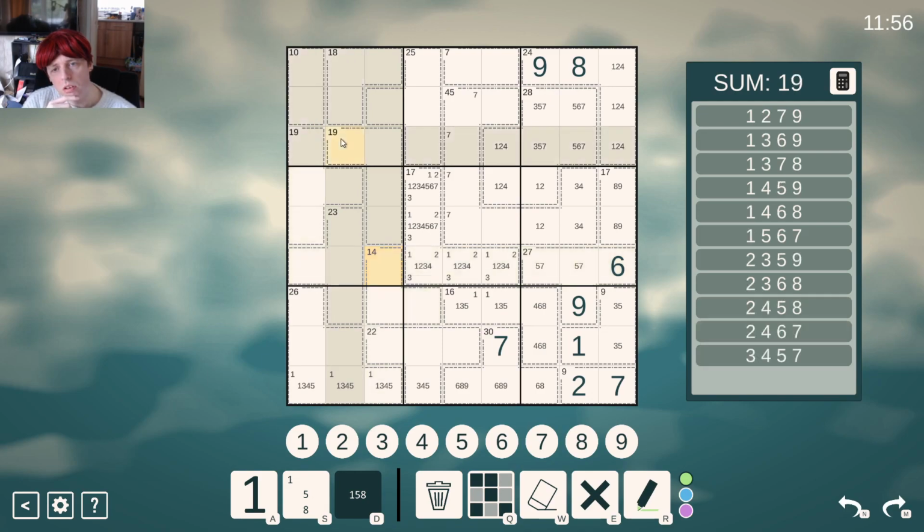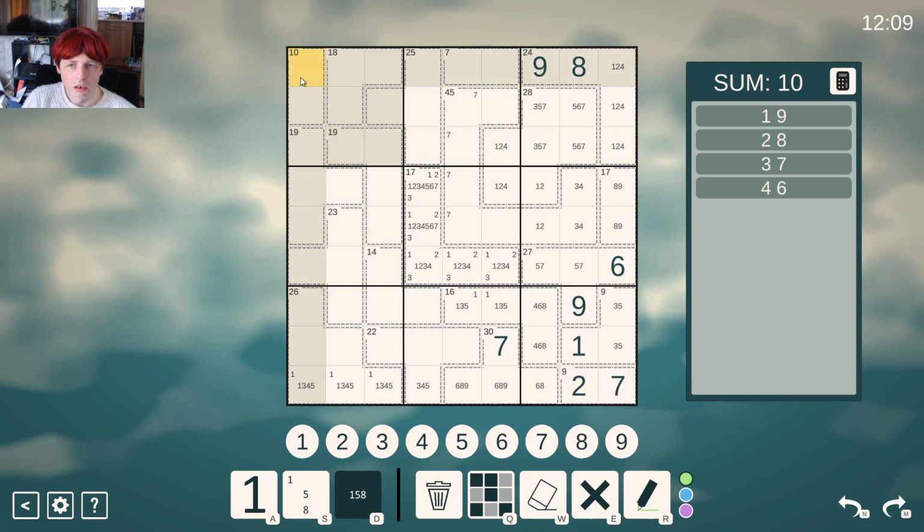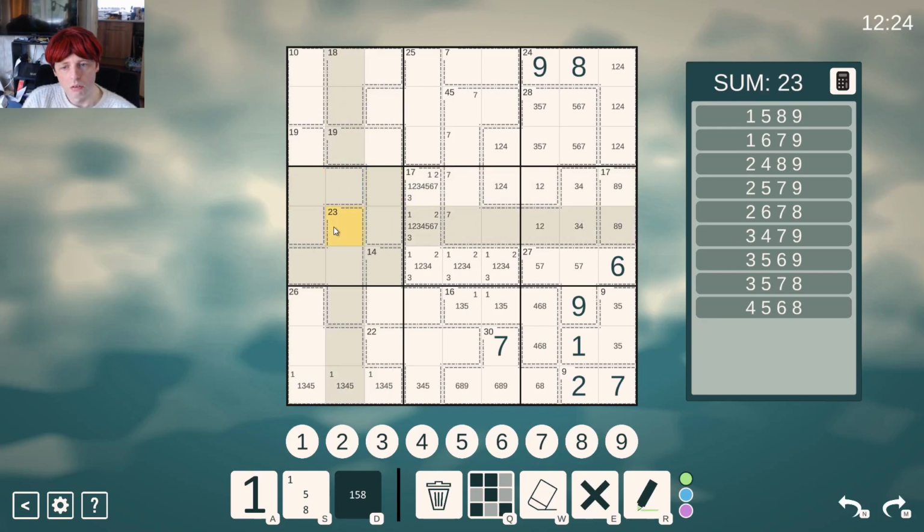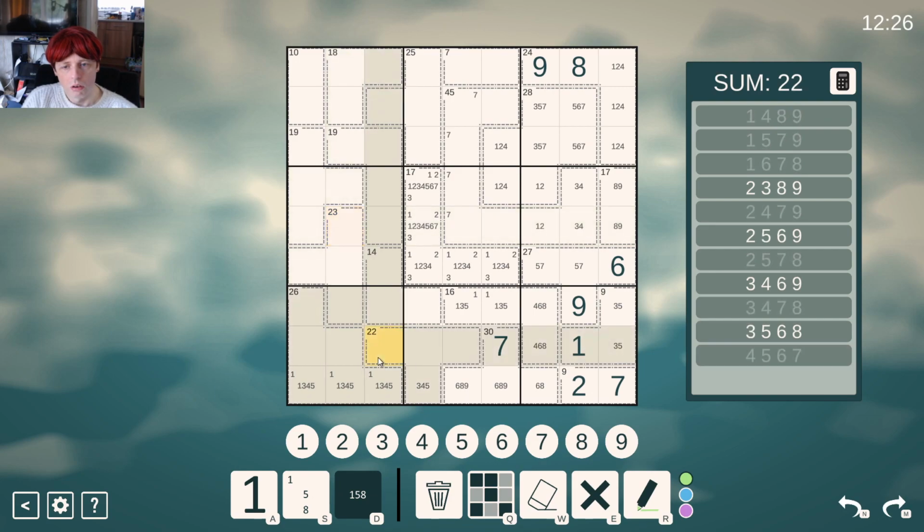Oh, we got 19 there as well. Oh, it's a 4. I thought it was a 2. Times we've done that. Tell much about this.